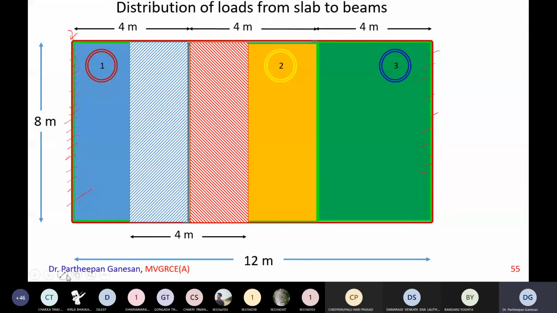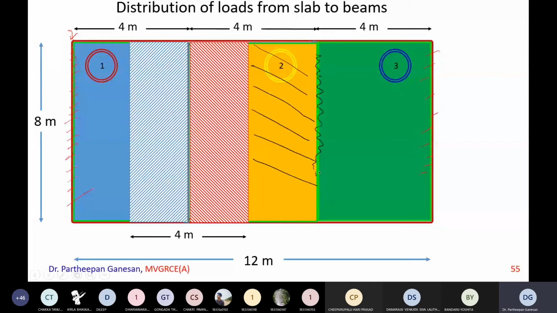So if you mark it: from the second slab, half is already transferred to this beam. The remaining half of this load will be transferred to this intermediate beam.